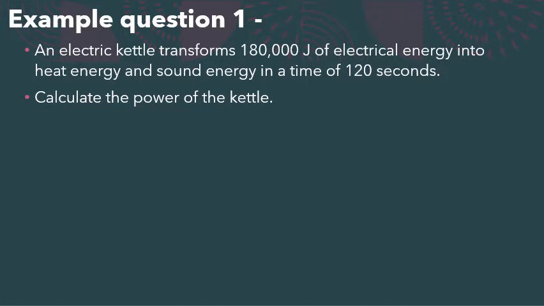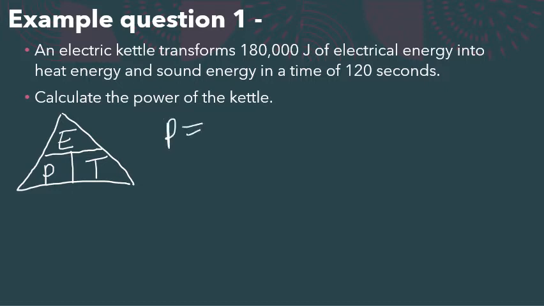First step is you would draw down the calculation triangle, the power triangle in this case, and try and remember this relationship. Power is the amount of energy that's used over a period of time. So power is equal to energy over time. Power is going to be equal to energy divided by time.